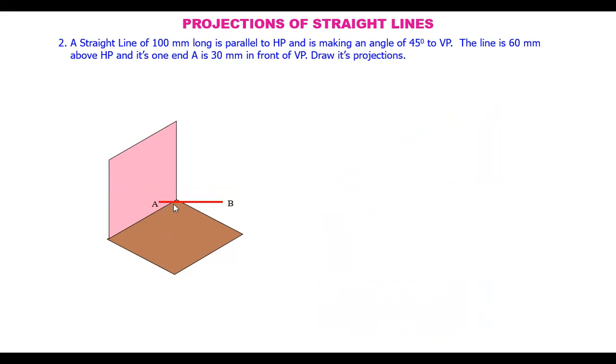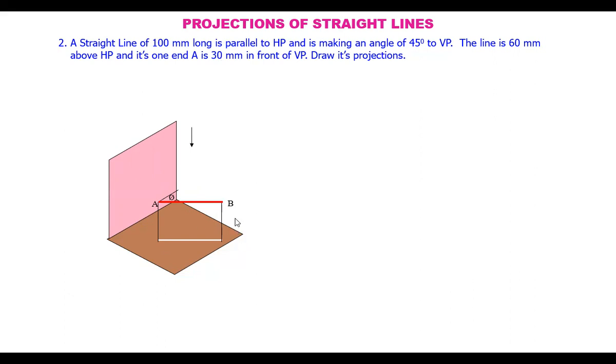It is parallel to HP, which means both ends A and B are at the same distance above the horizontal plane, and it is making 45 degrees angle with VP, if you draw a line here parallel to VP. The line is 60 mm above HP and its one end is 30 mm in front of VP. Draw its projections.